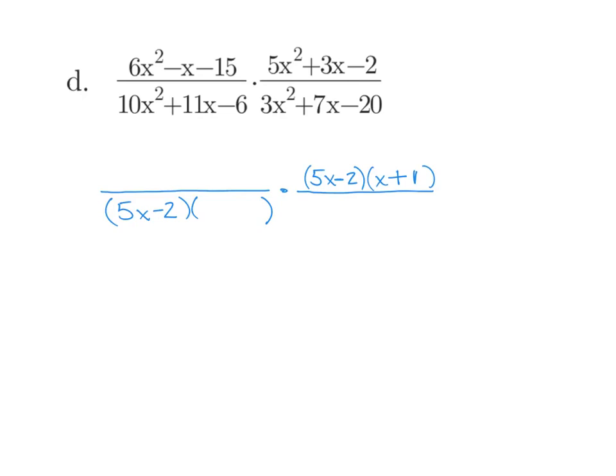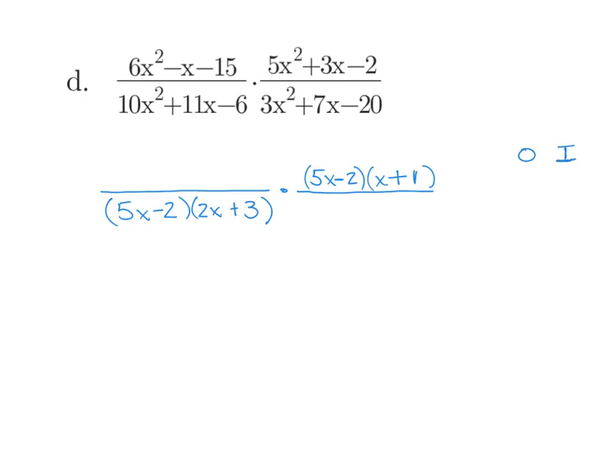So now if we break this down, 10x squared is going to be 5x times 2x. Negative 6 is going to be negative 2 times positive 3. If we do a quick check, my outsides minus my insides, what do we get?